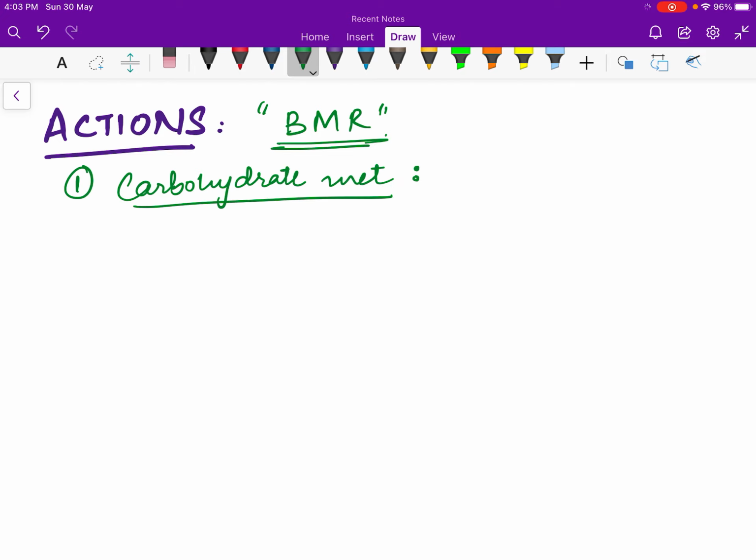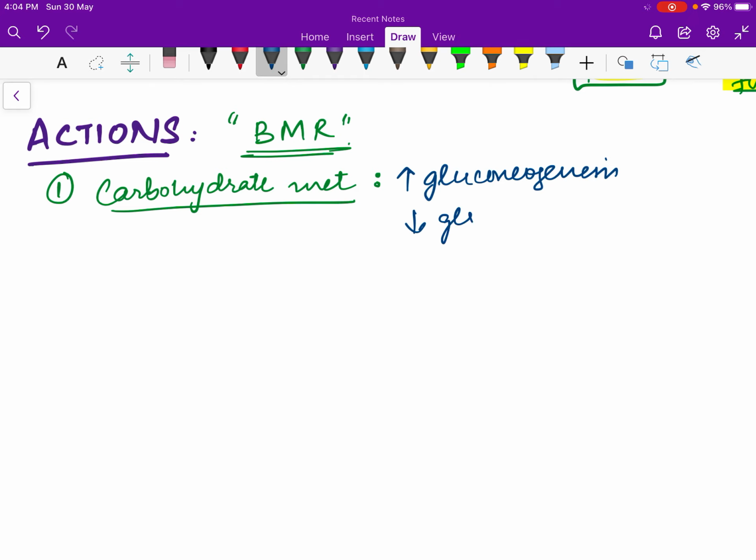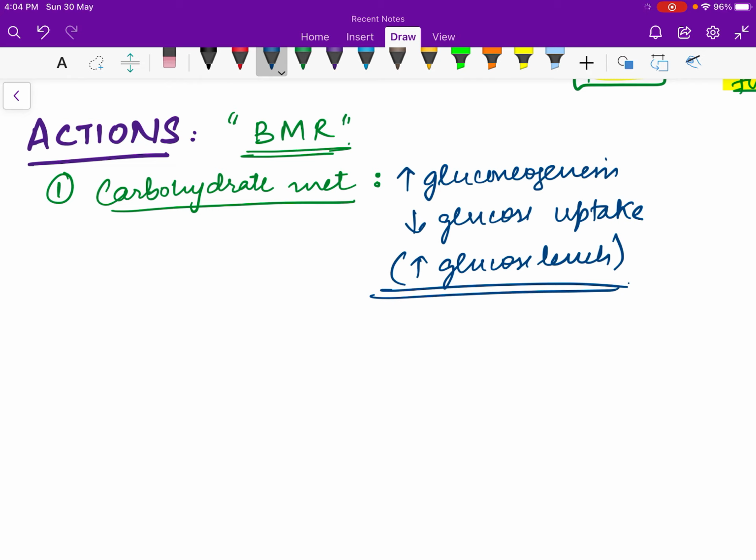On carbohydrate metabolism, thyroid hormones increase gluconeogenesis and decrease glucose uptake by the tissues. That means overall there will be an increase in glucose levels.